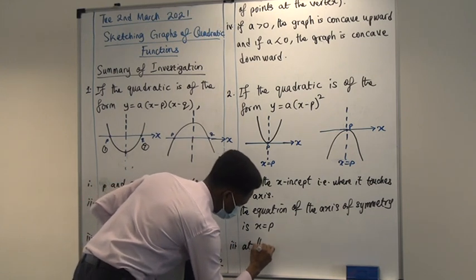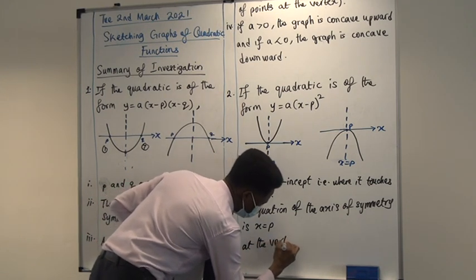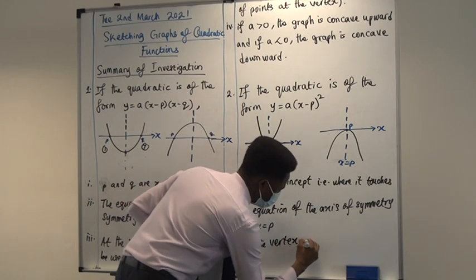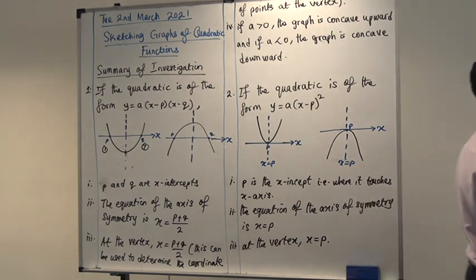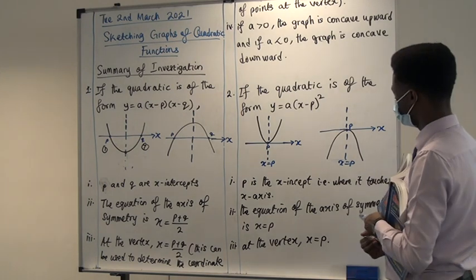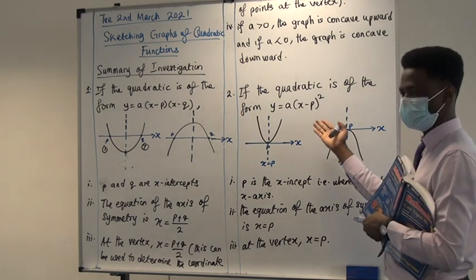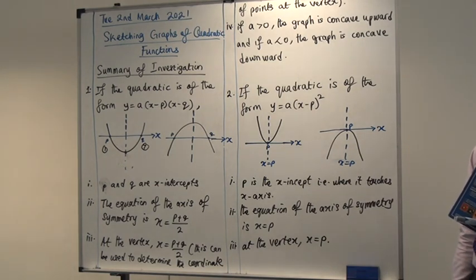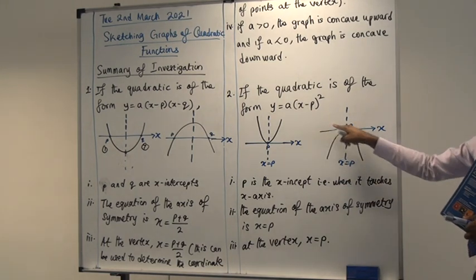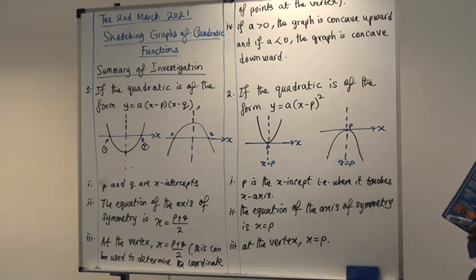At the vertex, X is equal to P. Then we can use that to get the corresponding Y. In fact, it's trivial. When X is equal to P, what happens to Y? Y is 0. Remember, it touches the X-axis, which is Y equal to 0.